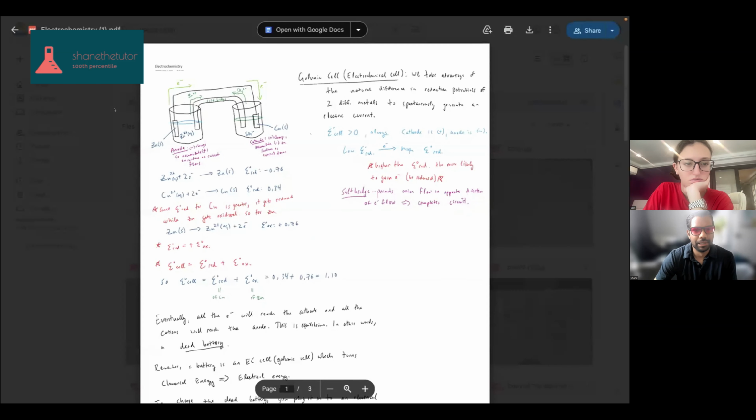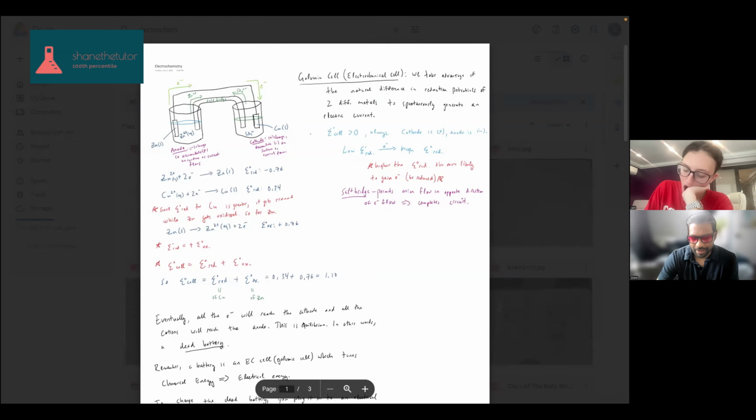Okay. So a voltaic cell is the same thing as a galvanic cell, which is the same thing as an electrochemical cell. What you do is we take advantage of the natural difference in reduction potentials of two different metals to spontaneously generate an electric current.